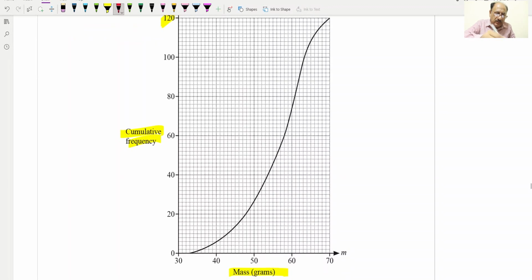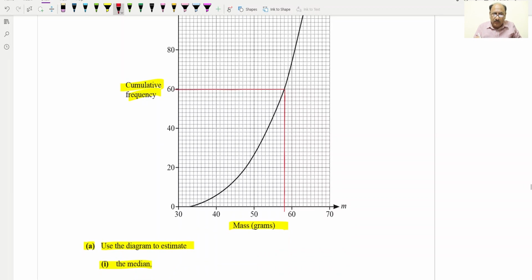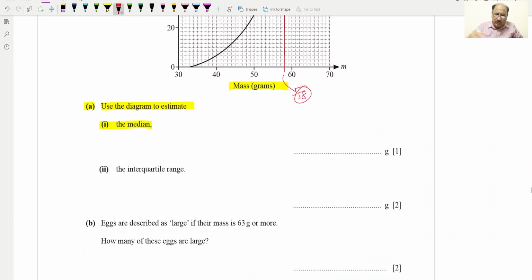So we can take the reference for 60. If we take the reference from 60, it will be this line, and this is 58. So our answer will be 58. This will be the median, which is 1 mark question.